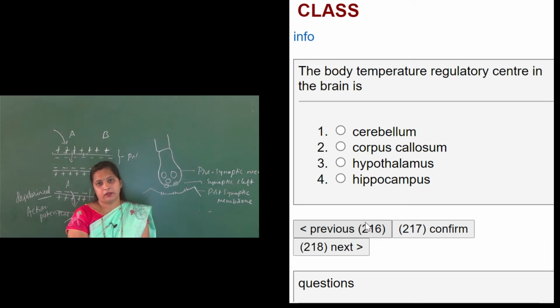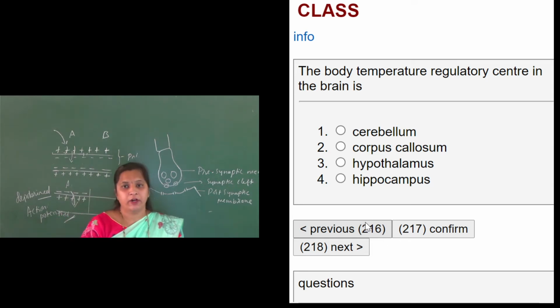You know that the brain is differentiated into three major portions: the forebrain, midbrain and hindbrain. The forebrain has parts like the cerebrum, thalamus and hypothalamus. One of the important parts of the forebrain is the hypothalamus, which, as the name indicates, is located at the base of the thalamus.